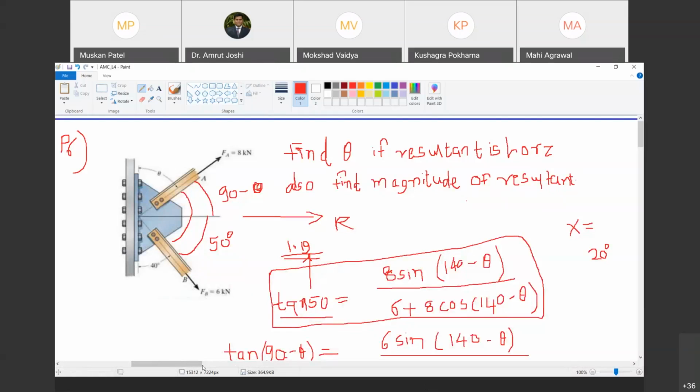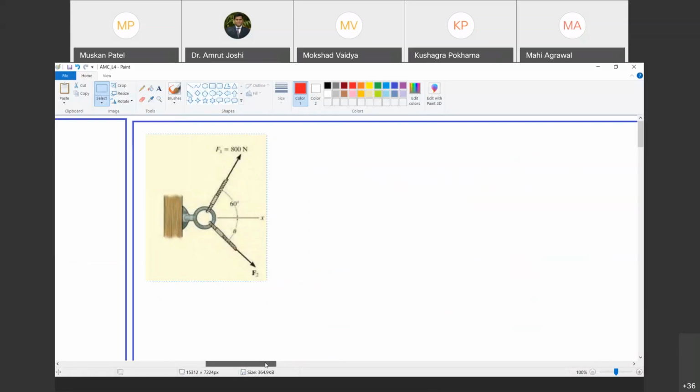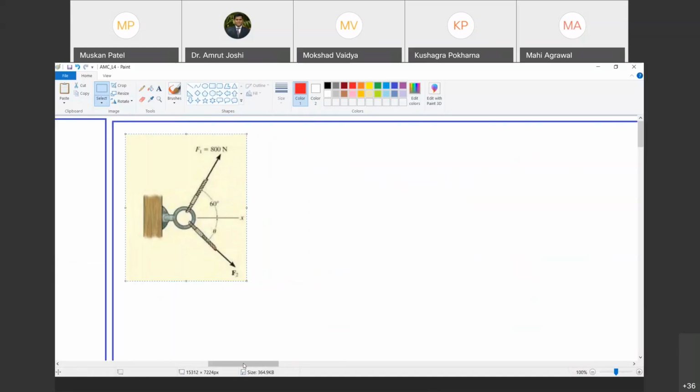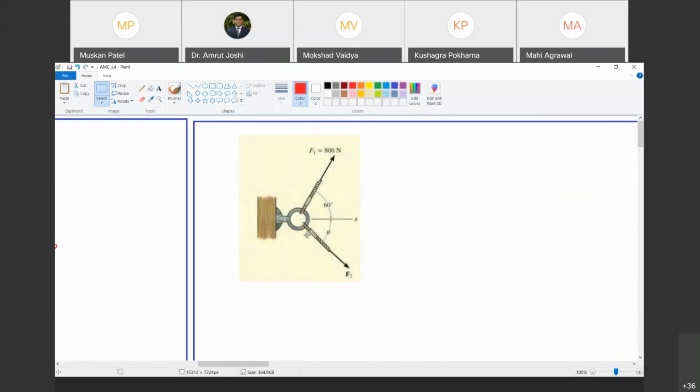Okay. Are you able to see the screen now? Are you able to see this figure? Yes, sir. Okay. So look at the problem statement now. Now this is which problem? This is problem number 7. So I will write down that. P7 total.